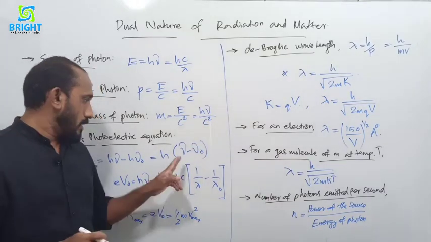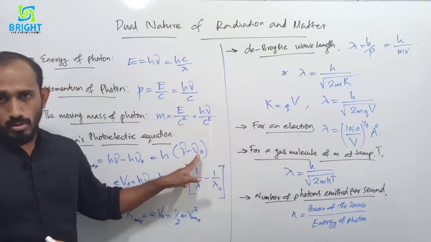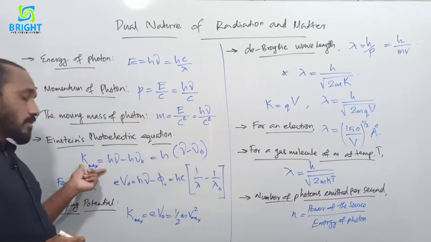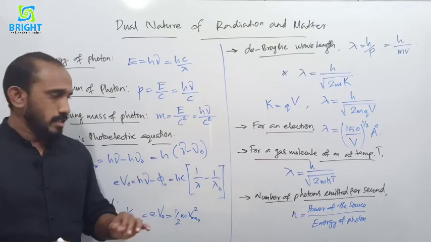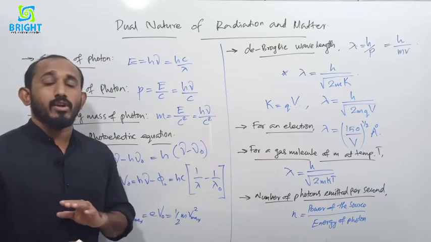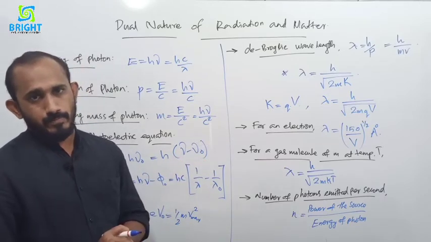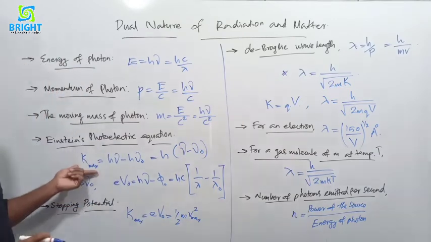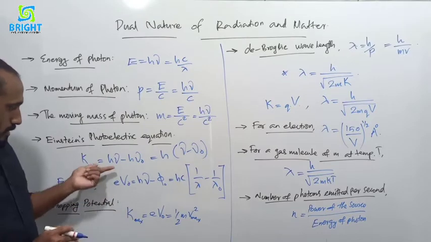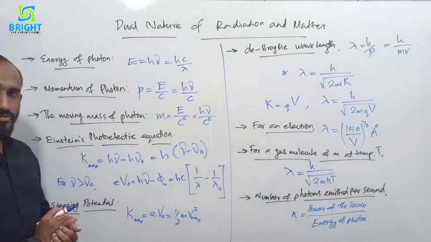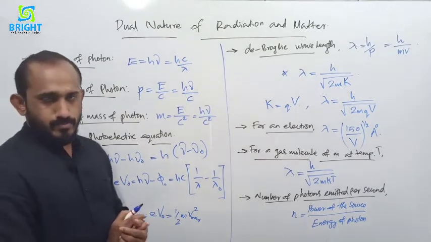One concept here is that if nu is greater than nu 0, only then will the kinetic energy be positive. And there is no meaning for negative kinetic energy. That means if nu is less than nu 0, no photoelectric effect takes place. So the maximum kinetic energy is always h nu minus h nu 0. Then this kinetic energy can be written in terms of stopping potential also.